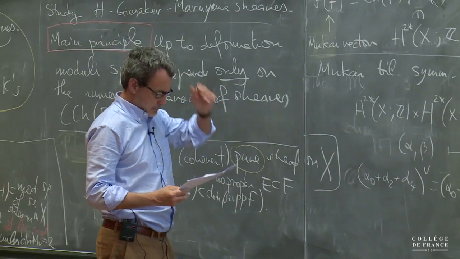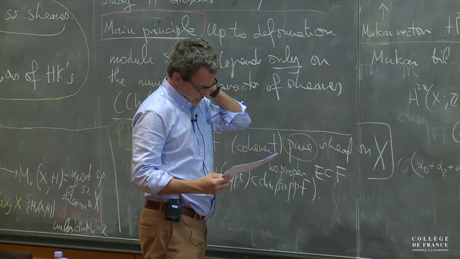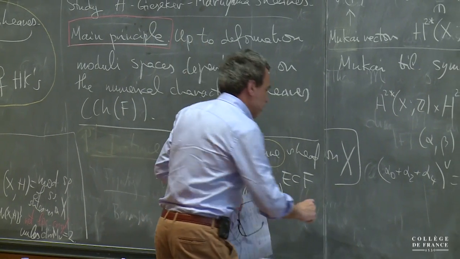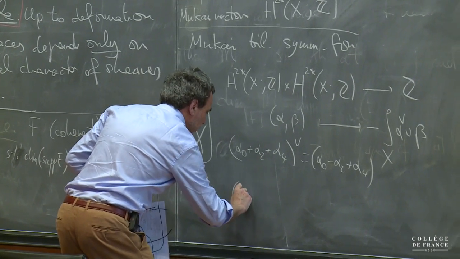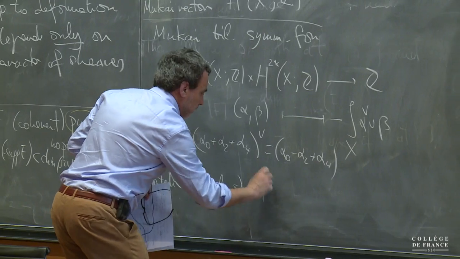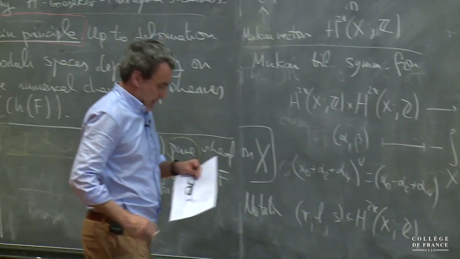Why do we define this bilinear symmetric form? I'll tell you right away. The notation I'll use is something like this.